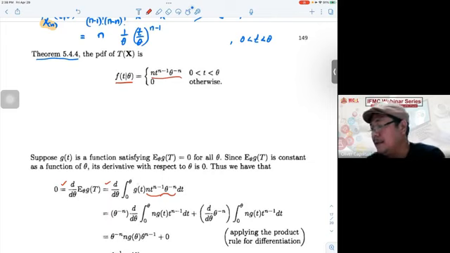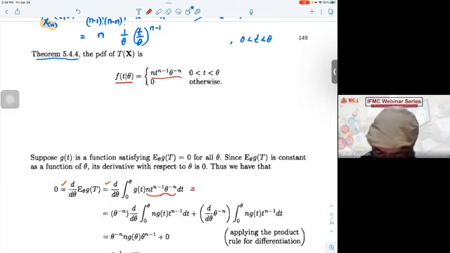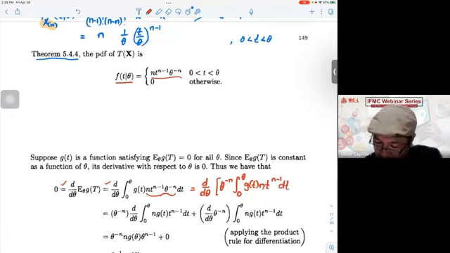In other words, we can express this as d with respect to theta. We can write the factor before the integral sign that does not depend on t, so we have theta to the negative n, and what remains in the integrand is g of t, n, t to the n minus 1, dt.